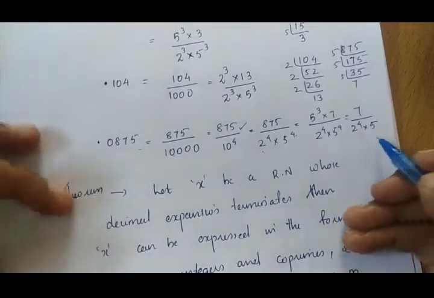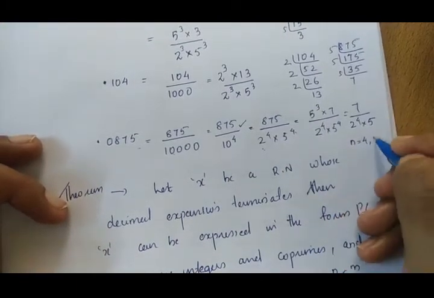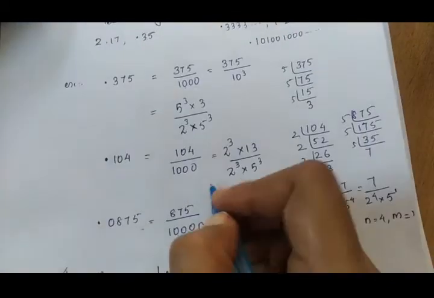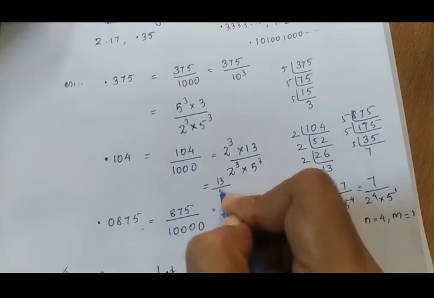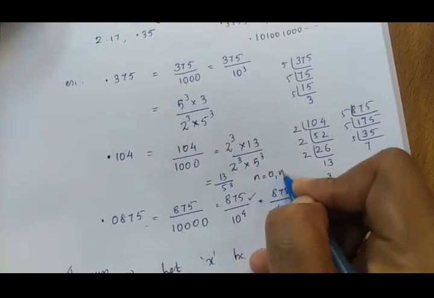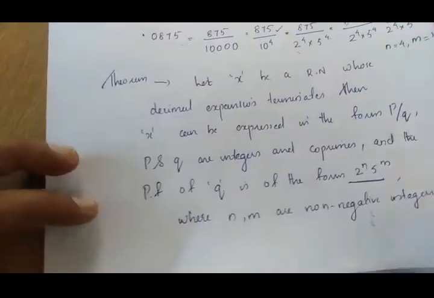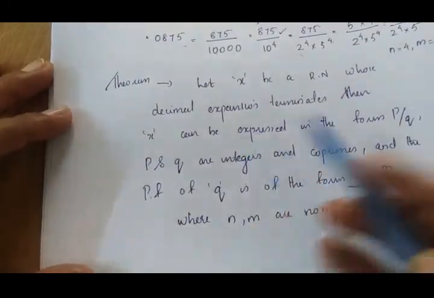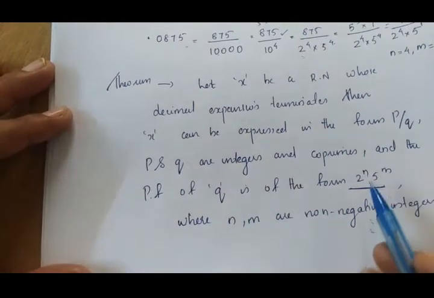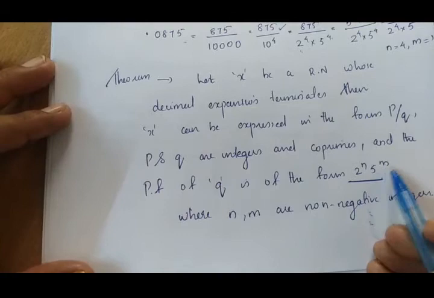So here the values are n equal to 4 and m equal to 1. Here also we can write 13 divided by 5 raised to 3, where n is equal to 0 and m is equal to 3. So the theorem is proved. If it is a terminating rational number, we can represent it, according to prime factorization, in the form 2 raised to n, 5 raised to m.